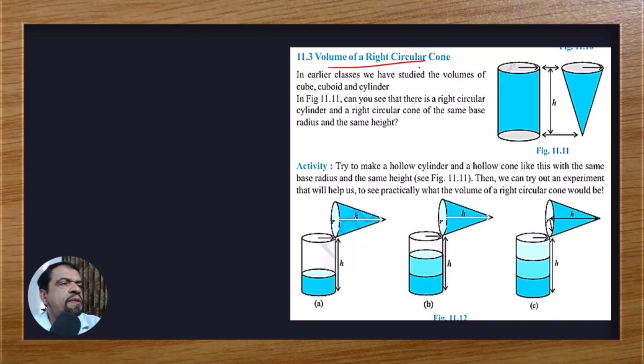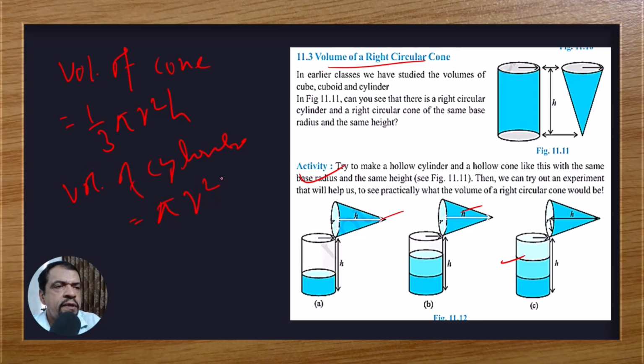Now volume of this right circular cone. By this activity they showed that in a cylinder of same height as the cone, if we pour some liquid or water, then by pouring 3 cones this cylinder can fill. It shows that the volume of cone is 1/3 pi r square h, because volume of cylinder is pi r square h.